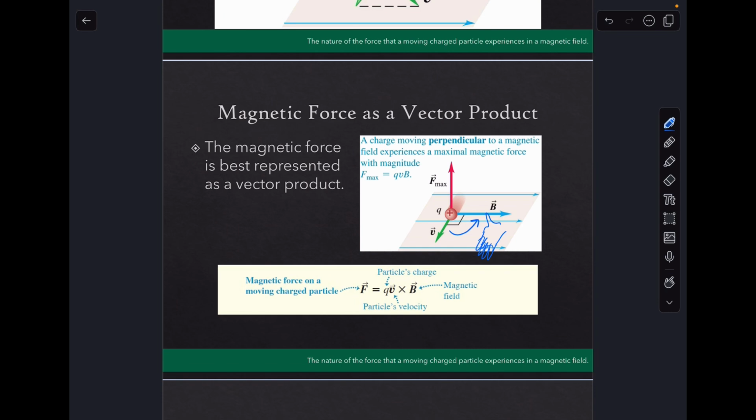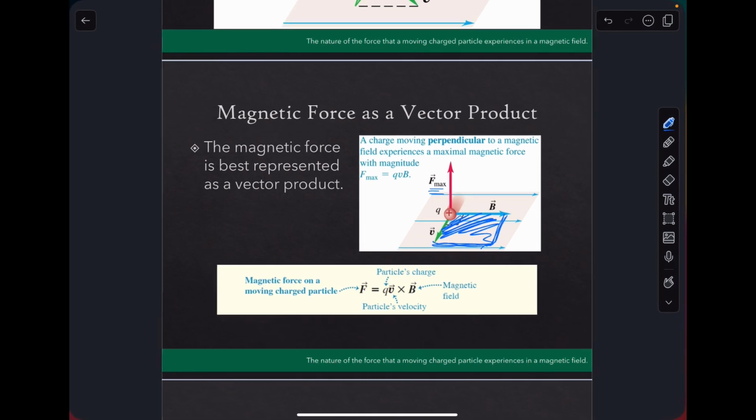Mathematically, what this hand gesture is telling you is that this force vector is perpendicular to the plane created by V and B. Vector V and vector B are two vectors, and we can use two vectors to define a plane.